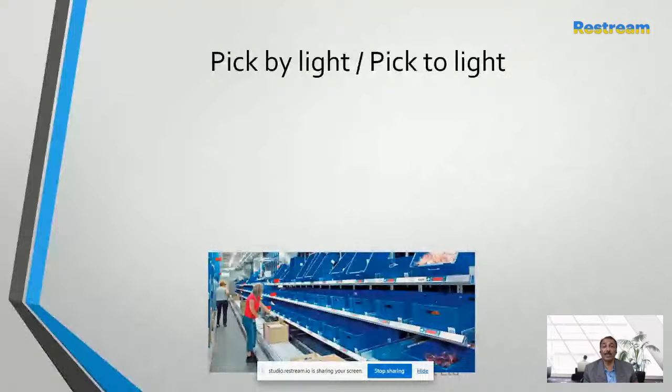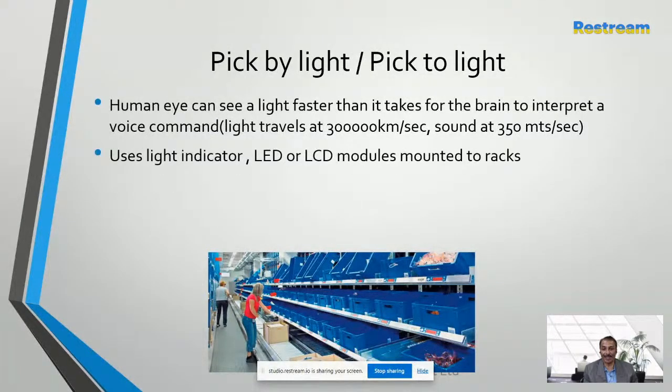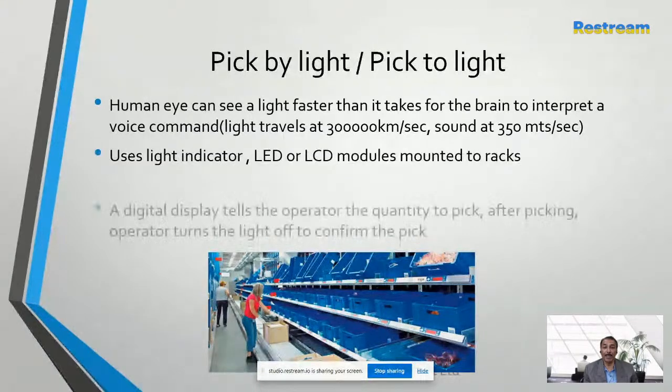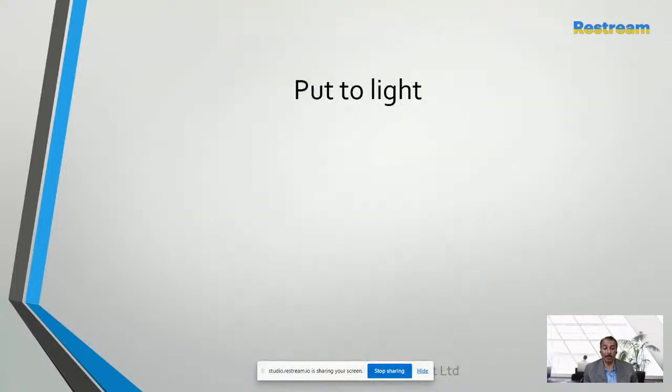Then the picker moves to the next area where the light is blinking, because the human eye can see a light faster than it takes for a brain to interpret a voice command. You can see the difference there. It uses a light indicator, LED or LCD modules mounted on the rack. Of course, you can see that in the image given here. A digital display tells the operator the quantity to pick. After picking, the operator turns the lights off to confirm the pick.